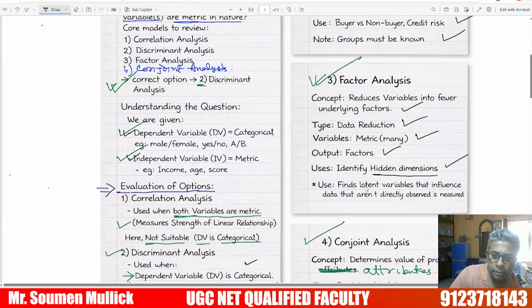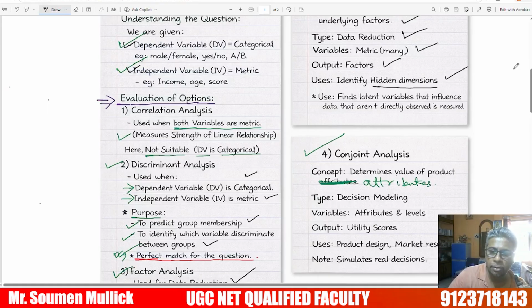Factor analysis uses latent variables that influence data but are indirectly observed. In the case of conjoint analysis, it determines the value of product attributes. The type is decision modeling. Variables are the attributes and levels, output is utility scores, used in product design and market research. Important note, it simulates real decisions.